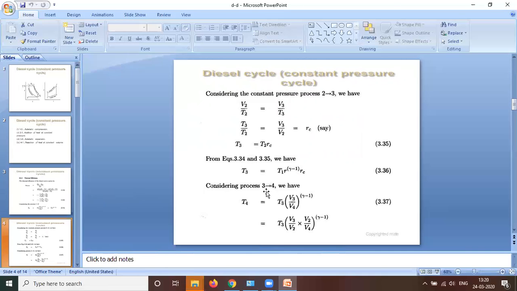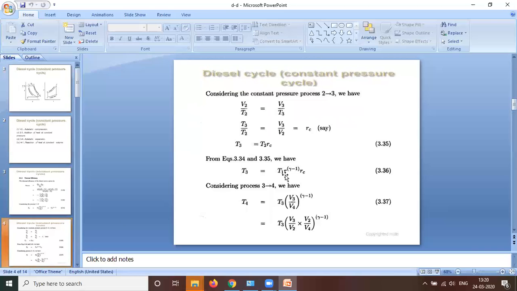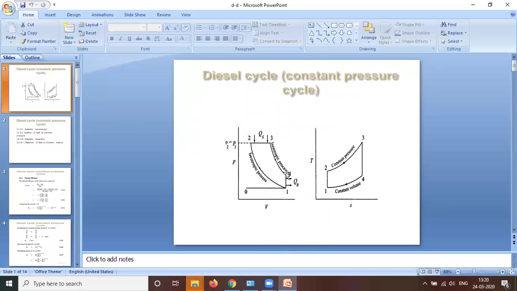Considering similarly process 3-4, that is the expansion process or power stroke. This is the isentropic process. Also, we have the relation T4 is equal to T3 (V3 by V4)^(gamma minus 1). Next, we divide and multiply by V2. We also know that V3 by V2 is rc, and V4 is equal to V1 because this is the constant volume process.